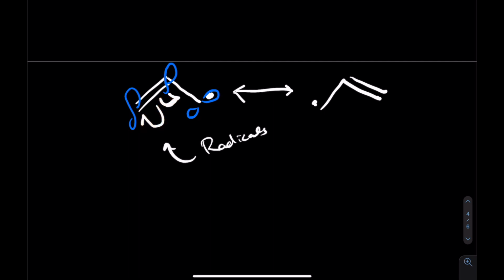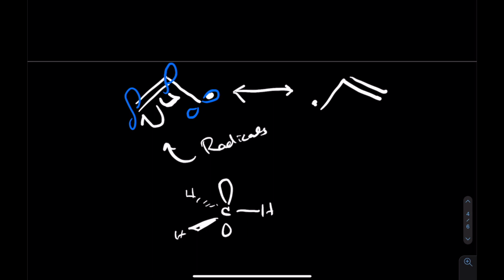Carbocations, likewise, are sp2 hybridized, right? Because having an empty p orbital here makes a lot more sense than having an empty sp3 hybridized orbital. What's it hybridized to? It's not bound to anything, so it can't.